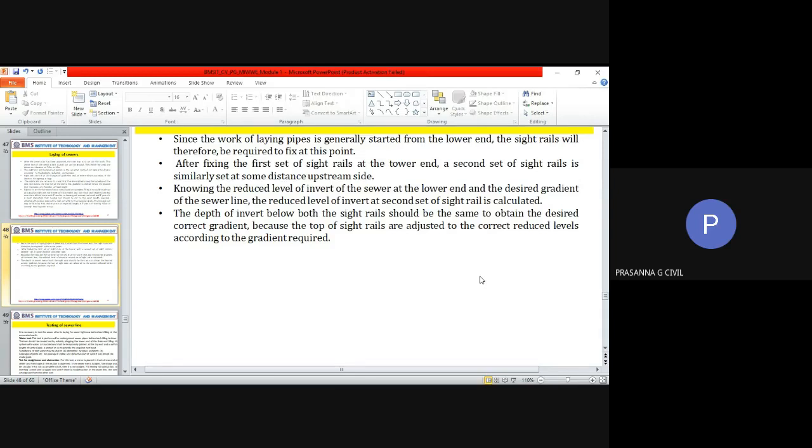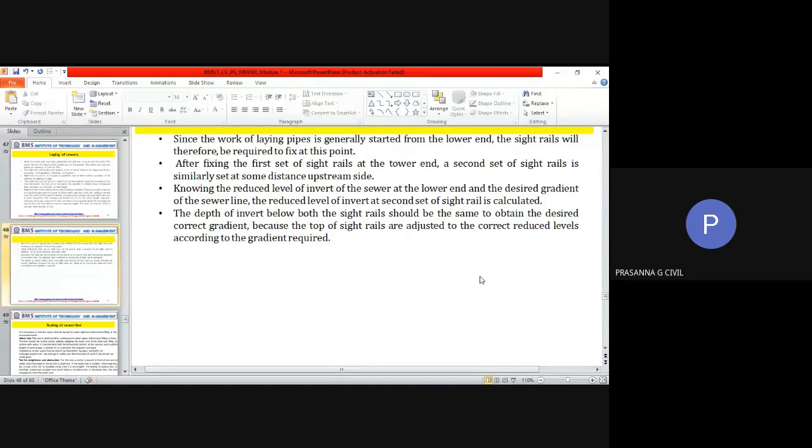This is the same way as the work that you did in your canal alignment. If you remember, when you design the canal for your extensive survey project, you know that you have to give a slope for the bottom of the canal. So if you know the invert level at the start, the takeoff of the canal from the weir, from there the canal is supposed to be going downward. The flow has to be downward.